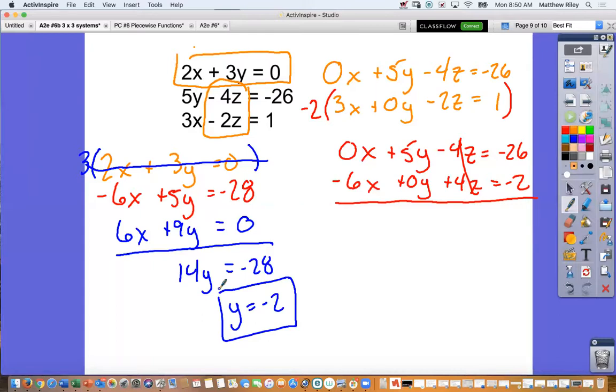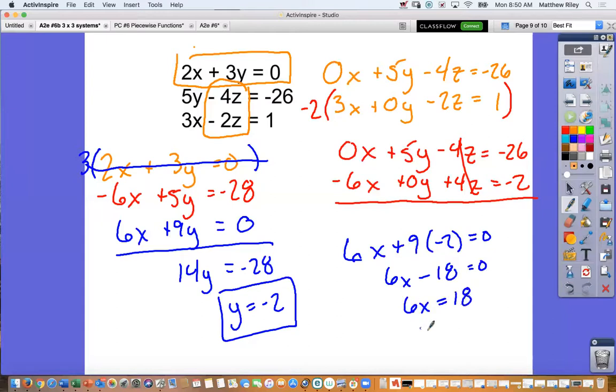And once you've got that, I can plug that in anywhere I want. Let's plug it into the bottom here. Add 18 to both sides, and divide by 6.